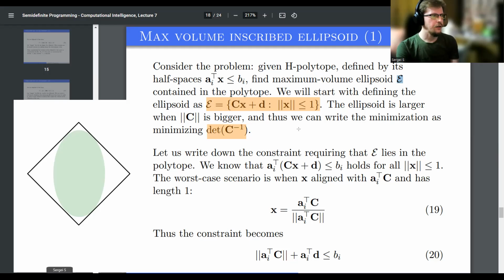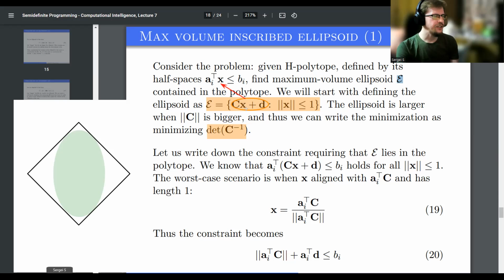So now we know that all of those points, let me show them, all of those points should lie inside the polytope, which implies that they have to satisfy these conditions.